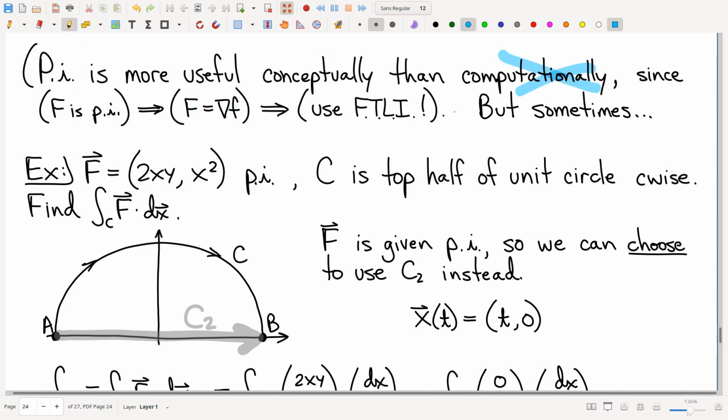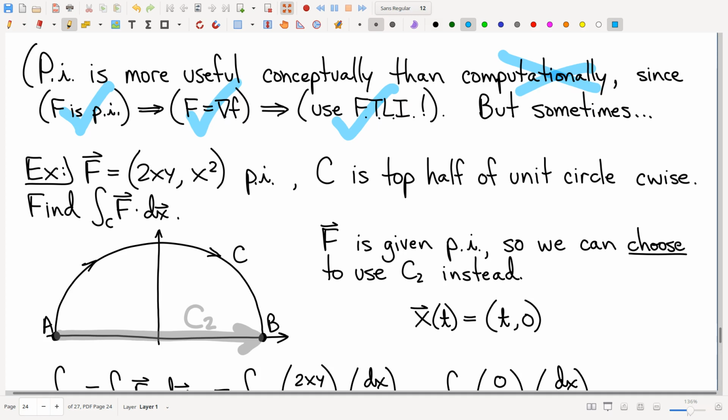Not so much computationally because of the following. I mean, if you think about it, if you have a path-independent vector field, it's a gradient, which means it has an anti-gradient, which means you can use the fundamental theorem of line integrals. Who needs path independence? We've got the fundamental theorem of line integrals, which is a killer. It's awesome, right? So doesn't seem like path independence would be all that useful from a computational point of view.